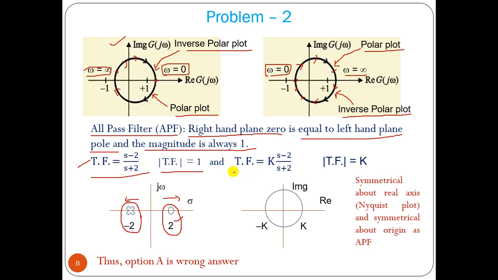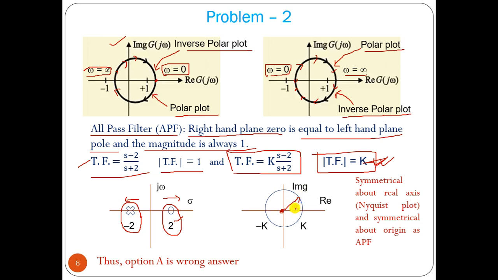And if the transfer function is multiplied by some factor k, then the transfer function magnitude should be k. Now if we try to plot this, what will you get? The magnitude is always k. That means it should be a perfect circle with respect to origin, a circle of radius k.